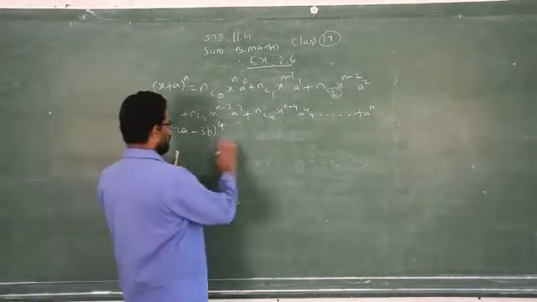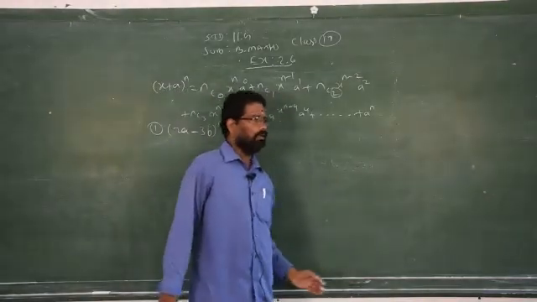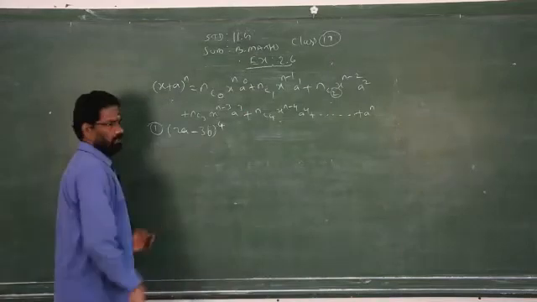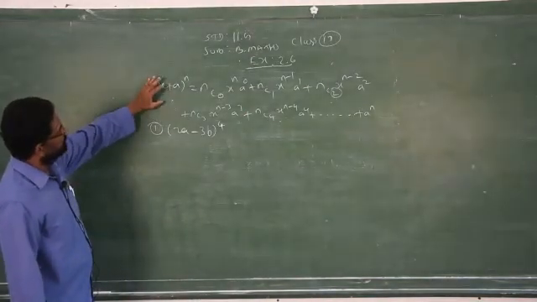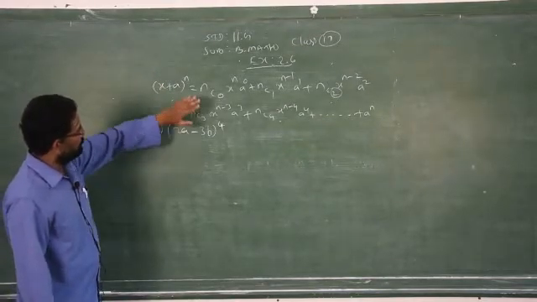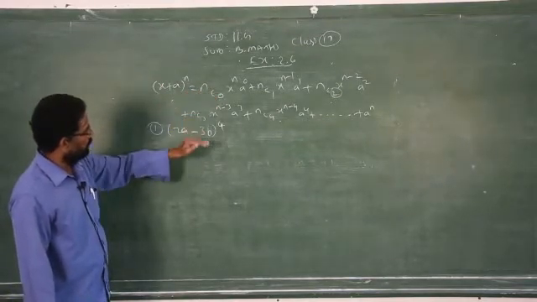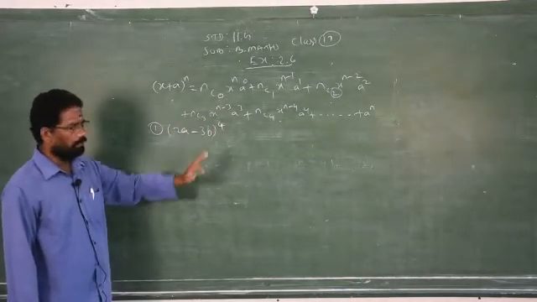Clear? If you know the formula straight away by using the Pascal rule or triangular method, you will get the answer. But you have to memorize the binomial theorem, which you apply to find the solution of (2a minus 3b) whole to the power 4.